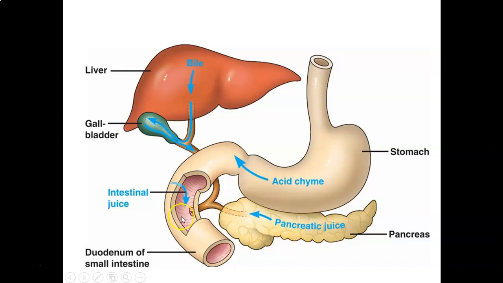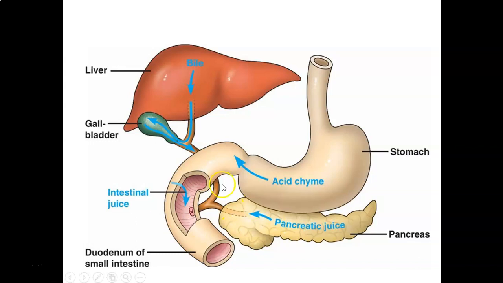The combination will be released into your duodenum of your small intestine as food is being added in. So as you're digesting your food, some of it will come through when the pyloric sphincter is opened, and then digestive juices and bile will be released so that it can be broken down. And so that will be important for breaking down food.